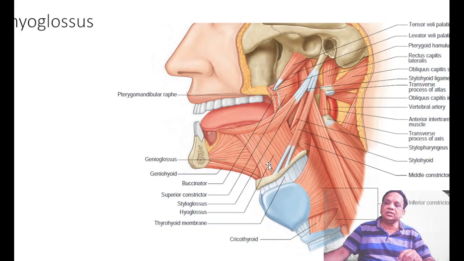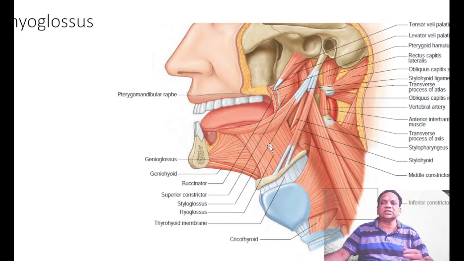So the hyoglossus inserts with the styloglossus on its lateral side, that is the outer side, and with one intrinsic muscle, the inferior longitudinal muscle, on its other side, that is the medial side. Towards the center is the medial side, towards the outside is the lateral side. So that is the insertion of this hyoglossus muscle.